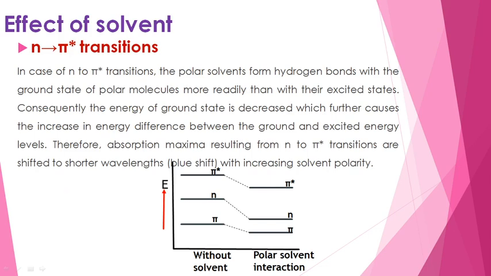See here, without solvent interaction means if you are taking simply the non-polar solvent N-hexane. Now, if you change the solvent to a polar solvent, simply I am writing P here. P here indicates the polar solvent.